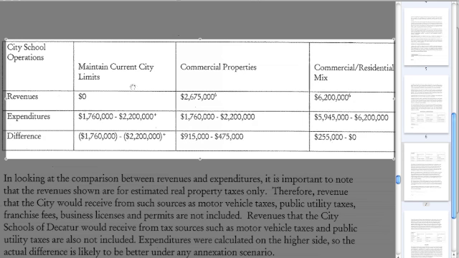All right, and here we have these three columns, which are the different scenarios. The first one, maintaining current city limits. The second one, annexing only the three northern areas under consideration on the annexation map, which they label here as commercial properties, but as we've talked about in another video, these are really a mix of commercial and residential.